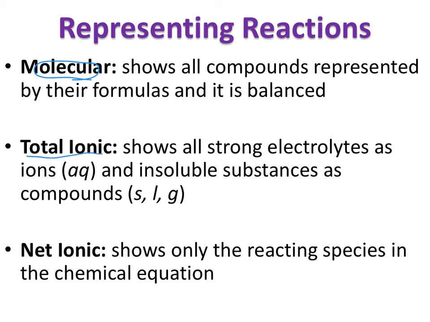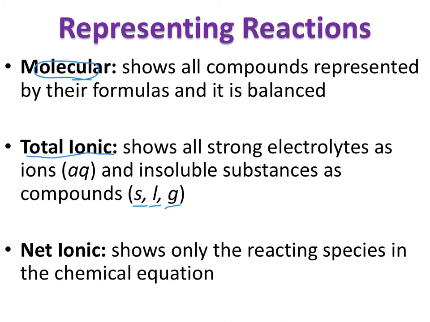The total ionic equation shows the dissociated form of electrolytes, especially strong electrolytes, in the aqueous state. Compounds that are solids (s), liquids (l), or gases (g) do not dissociate in aqueous solutions.